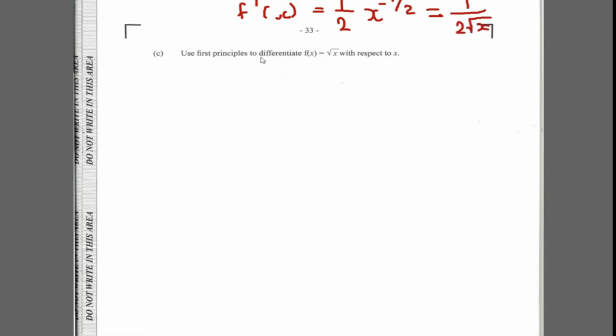Nice. Use first principles to differentiate this. All right. Let's use first principles.